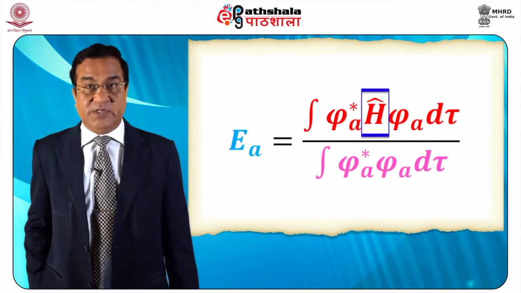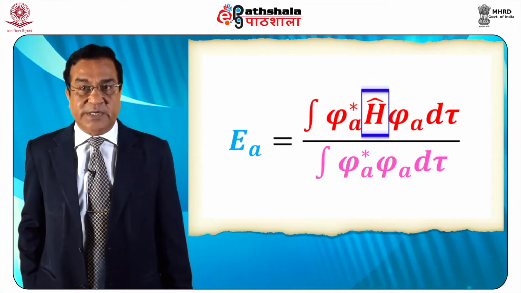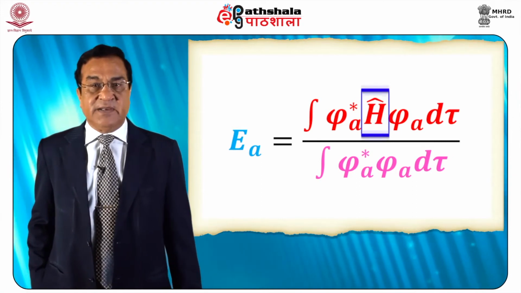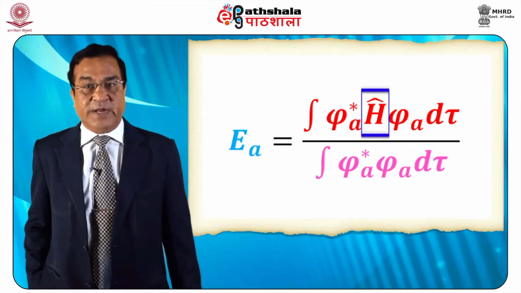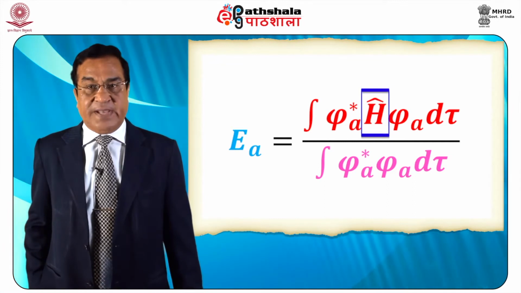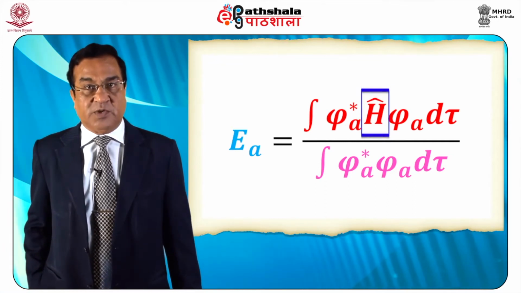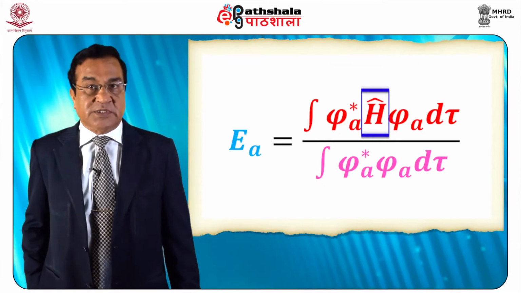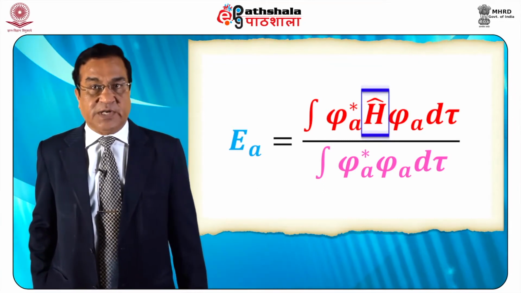This is something very unique in this method. We don't need to define it. We assume that it basically incorporates the effect of the interaction of pi electrons with the rest of the molecule. And in the rest of the molecule, we have both sigma electrons as well as the nuclei.